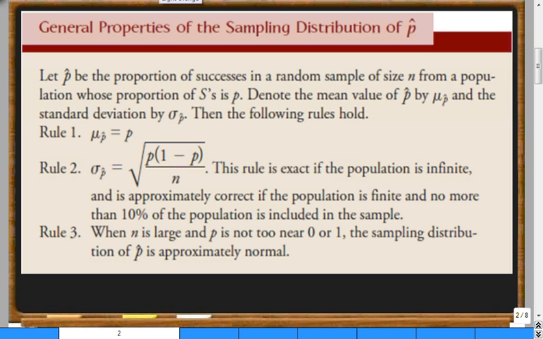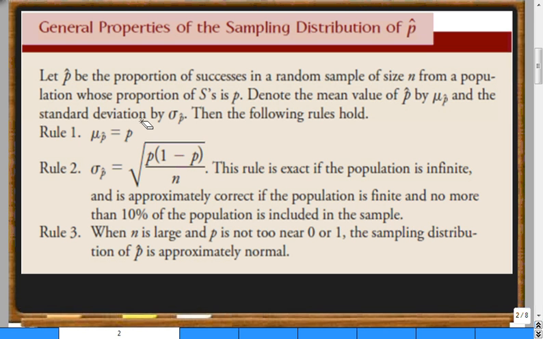And our standard deviation for our sampling proportion works like this: you do the proportion multiplied by its complement, then divide by n, and then take the square root of the entire thing.